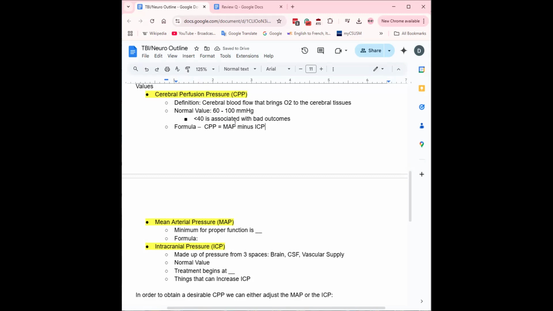So again, they all play with each other. If you affect the MAP, you're going to affect the CPP because these two turn into this number. And then vice versa. If you affect ICP, it's going to make a change in your CPP. And your brain doesn't have reserves of O2. Your brain doesn't have reserves of glucose.